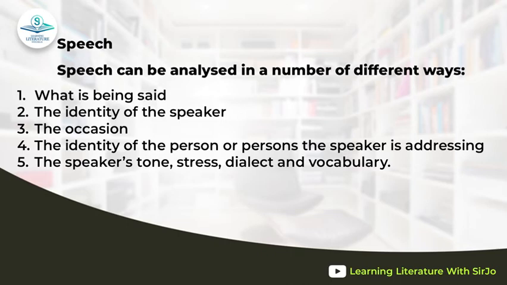What is the occasion for the statement? An occasion can also border on location. So where is the statement being made? Statements sometimes made in public are not taken as seriously as those that are made in private.